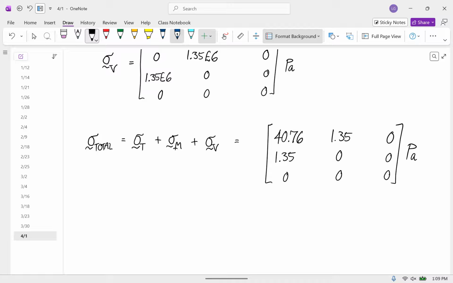Yeah, wouldn't it be megapascals? Yes, thank you. And you could also put this in a Voigt form and calculate the Voigt strain if you knew the material properties.